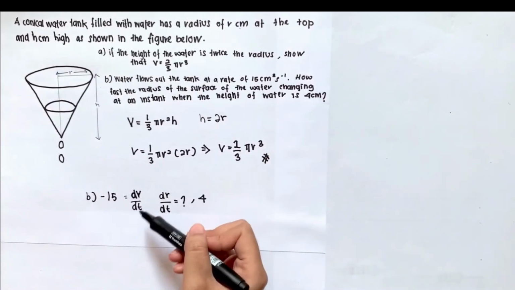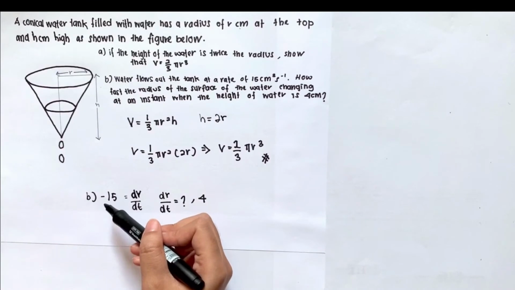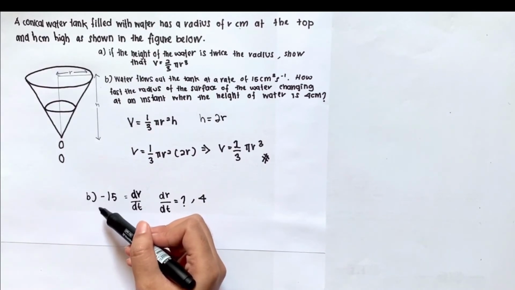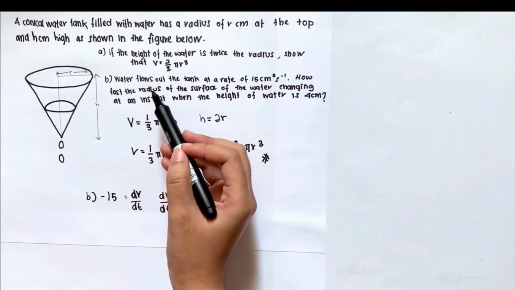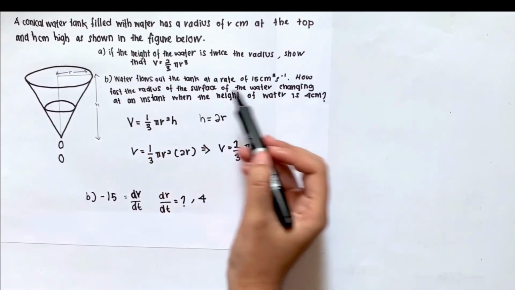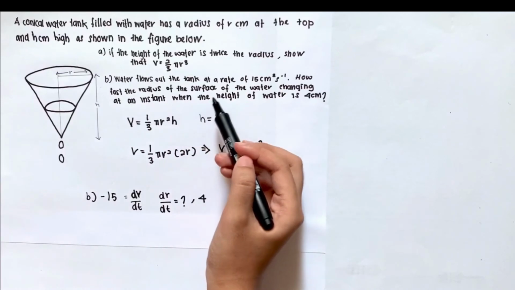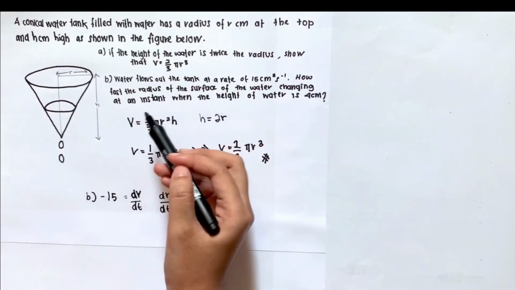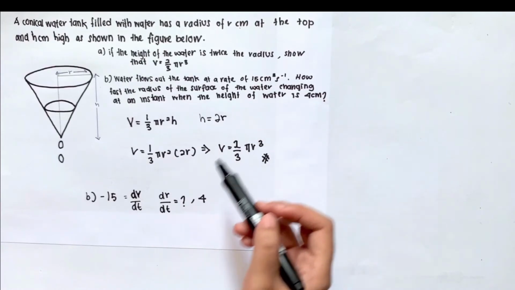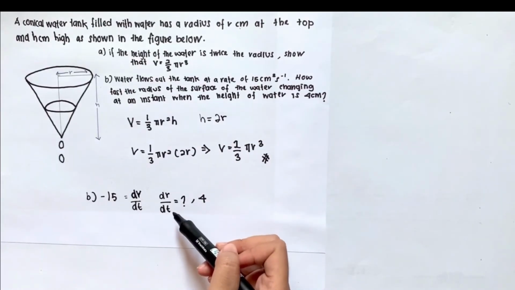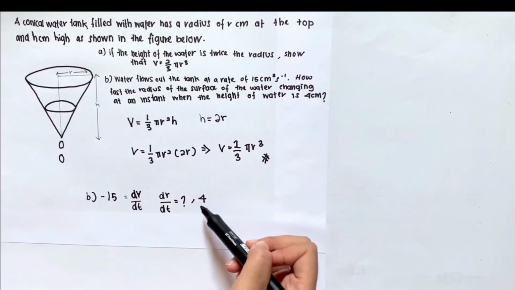So, dV per dt is equal to negative 15. It is negative because the water is flowing out. Then, the question asks how fast the radius of the surface of the water is changing at an instant when the height of water is 4 cm. That means dr per dt is what the question asks, and the height is 4 cm.